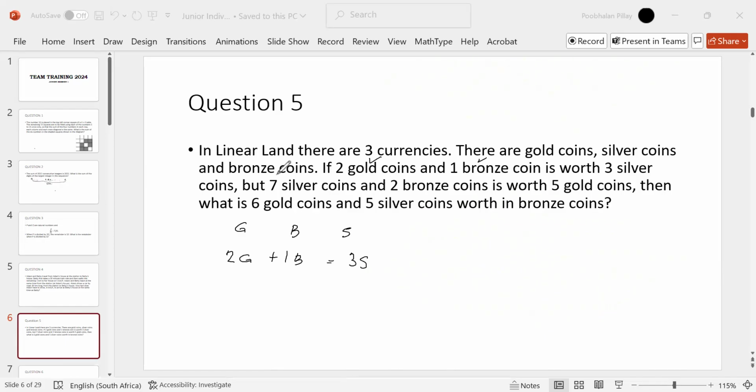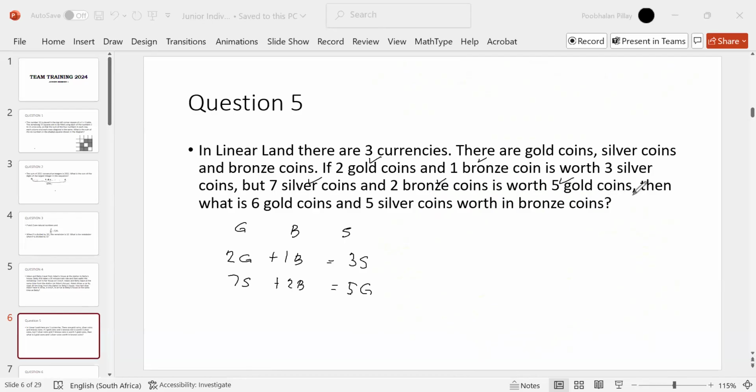And now the second piece of information is that 7 silver coins plus 2 bronze coins is worth 5 gold coins. Okay, so that gives you a second equation.